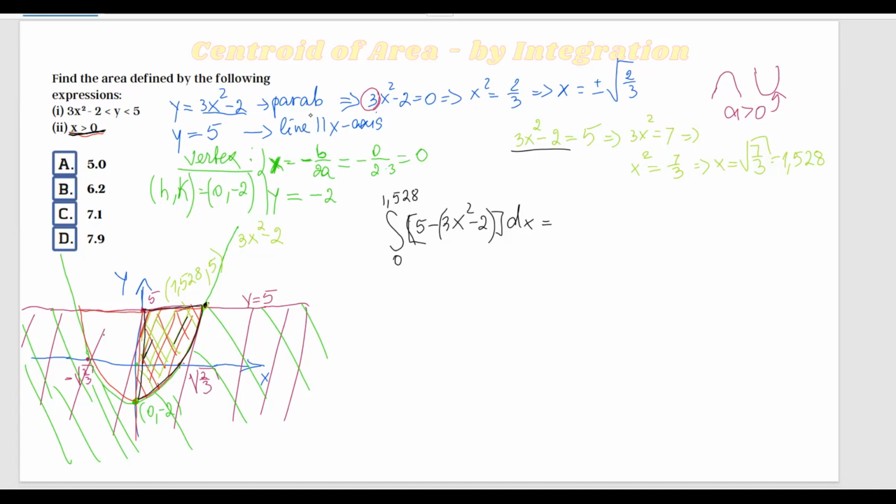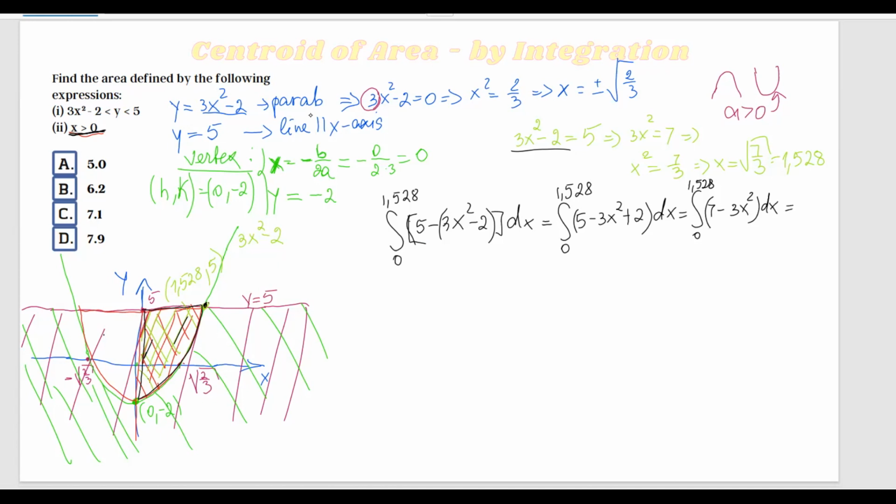Let's repeat this: the integral from 0 to 1.528 of 5 minus 3x squared plus 2 dx, which equals the integral from 0 to 1.528 of, 5 plus 2 is 7, minus 3x squared dx.